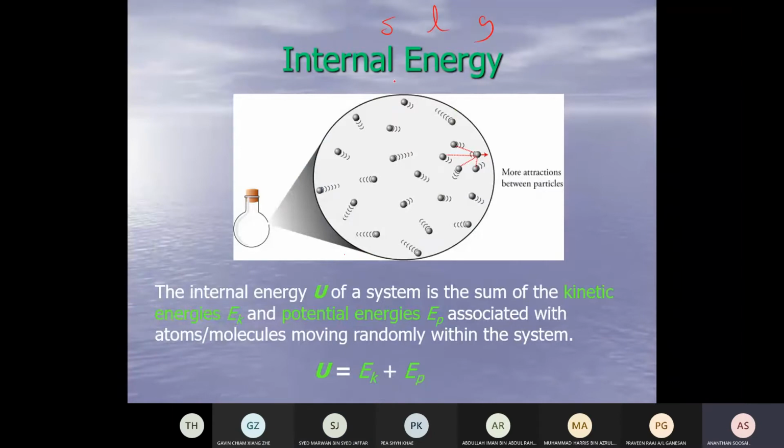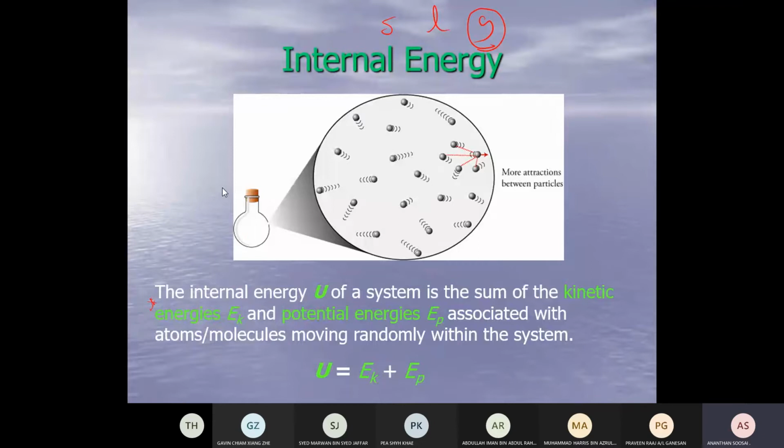Solid, liquid, gas, which has the greatest internal energy? Gas. Gas has the greatest internal energy. Why? It's moving a lot. What is meant by internal energy? Internal energy is the energy you can't observe from outside. Now you are sitting on the chair, so you can see the table.